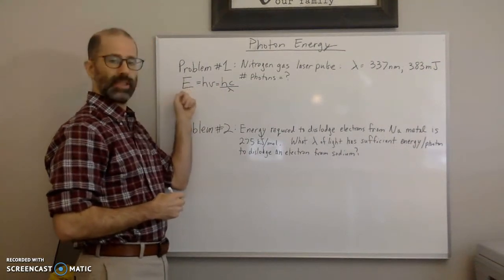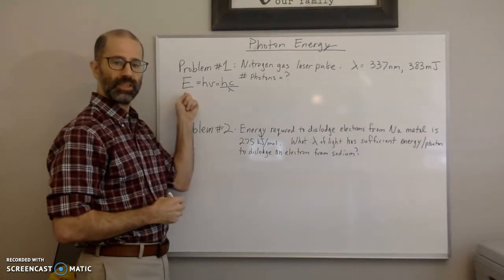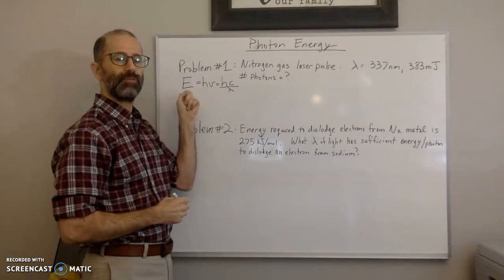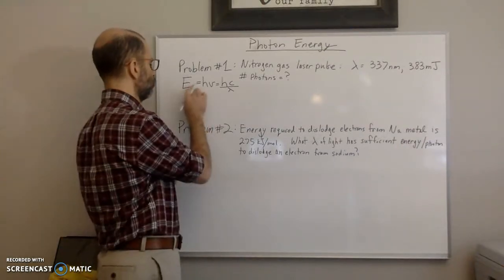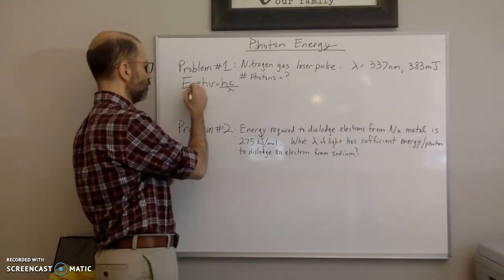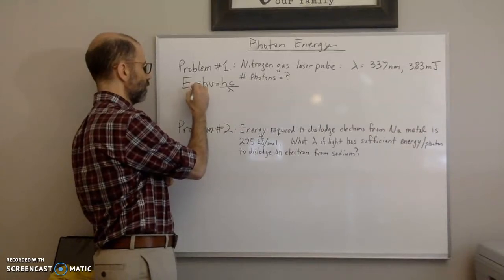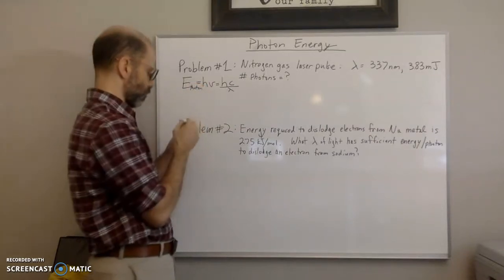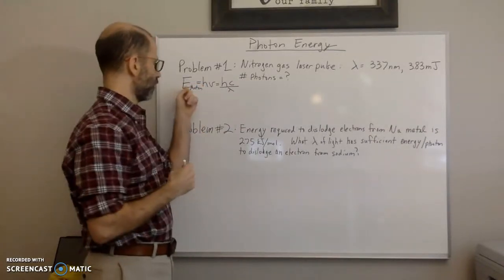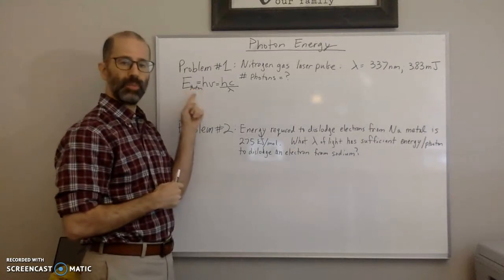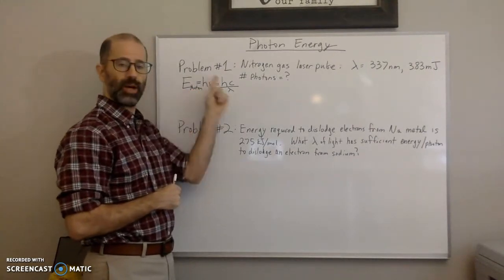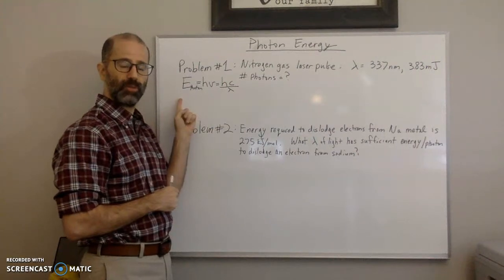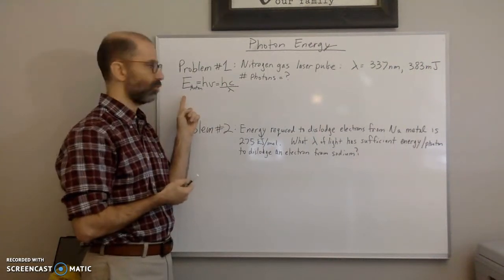The important thing about this energy is that it is the energy of a photon, a single photon. To make that clearer, a lot of times you'll see the word photon written there. So, the energy of a photon. That's really important to keep in mind, that this is the equation where you're looking for the energy of the photon, or you're given the energy of the photon.